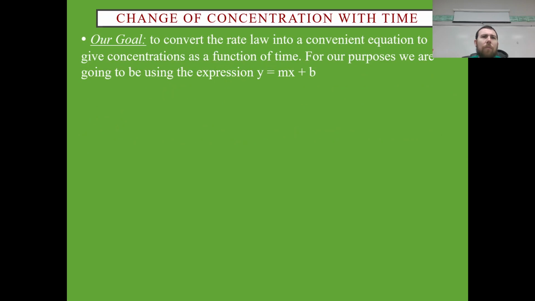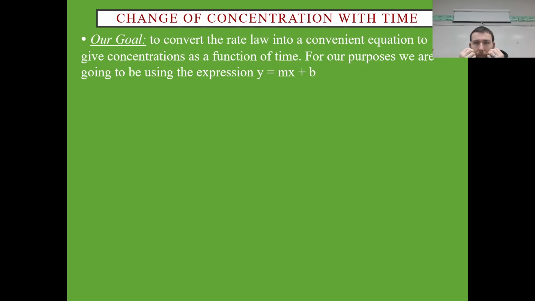Now, again, our goal is we need to be able to take the rate law. We learned about in topic 5.2 how we could produce a rate law for a given reaction, for a given process, and we even looked at how once we had that, we could figure it out at any different concentration.